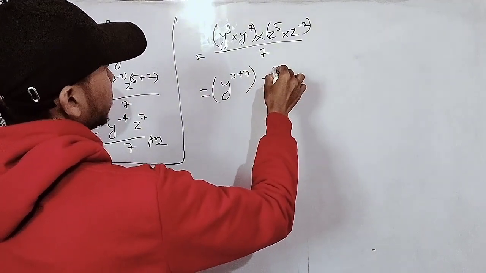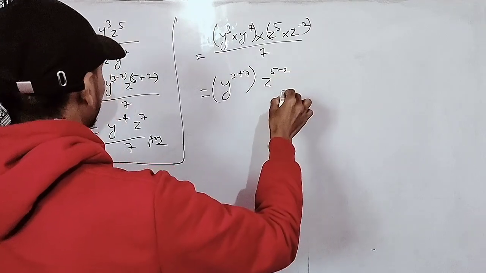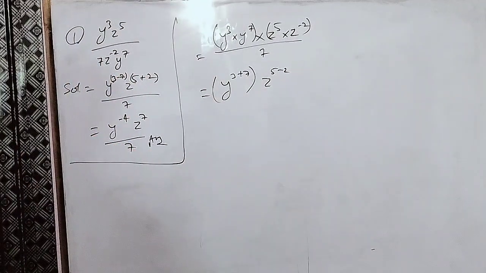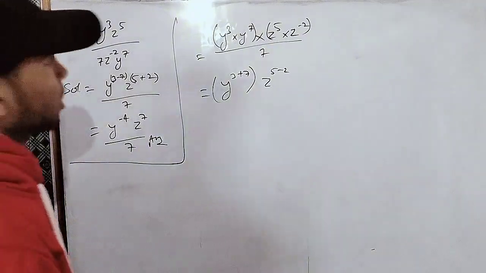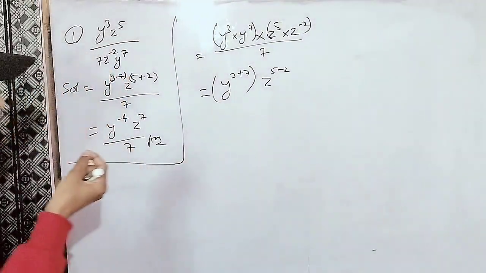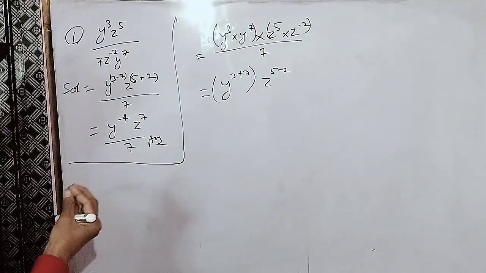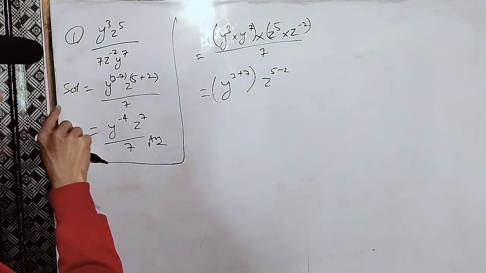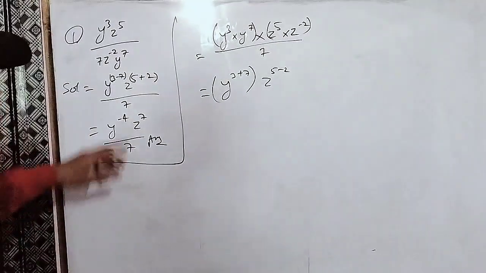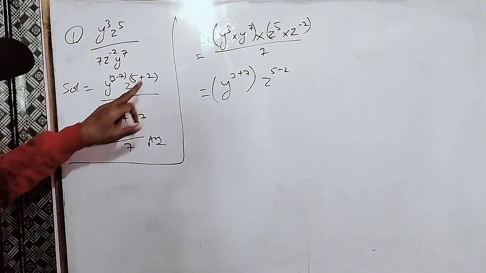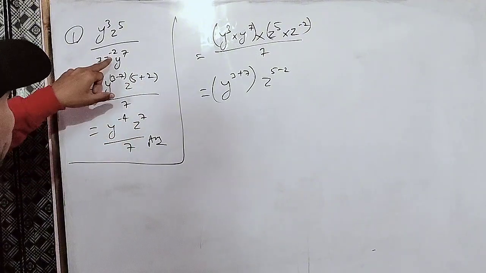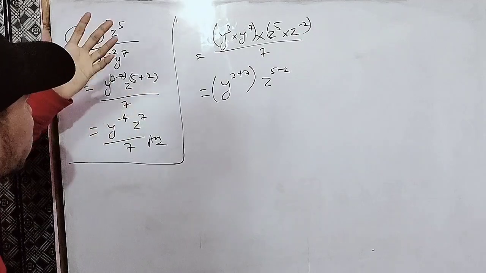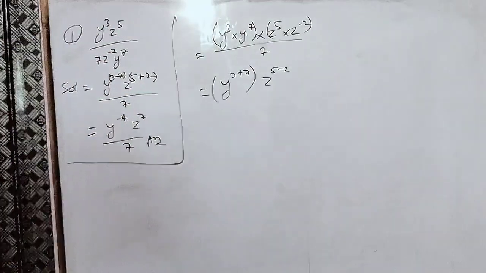Okay, z5, and here we are looking at minus 2, then plus, so minus and minus, here is 5 already, and then 2, minus minus happens 2.